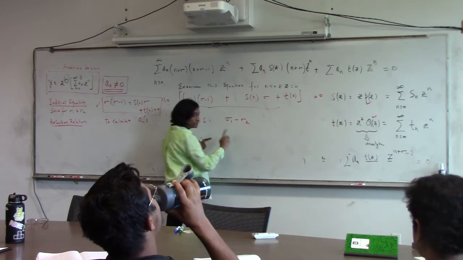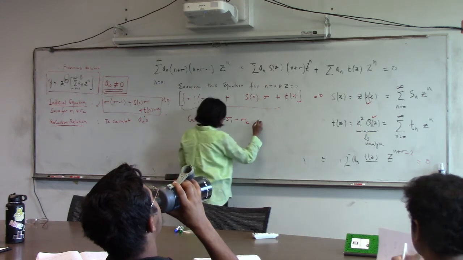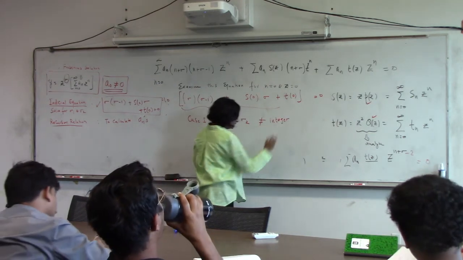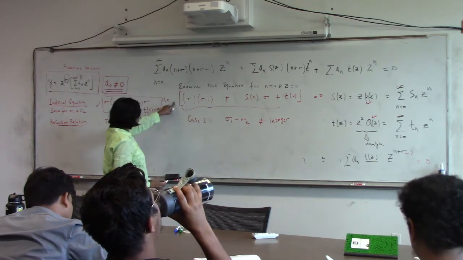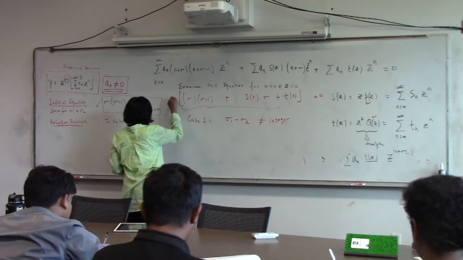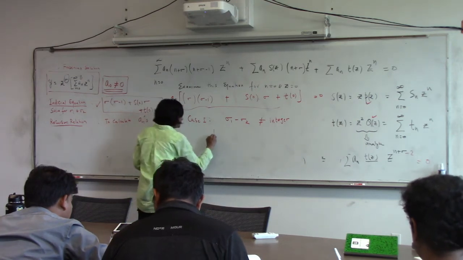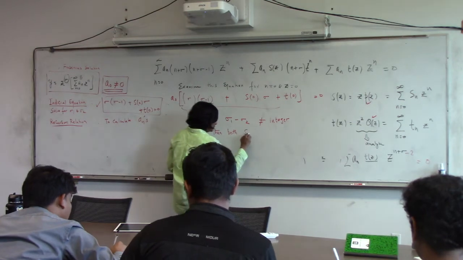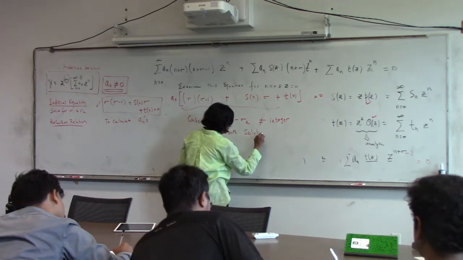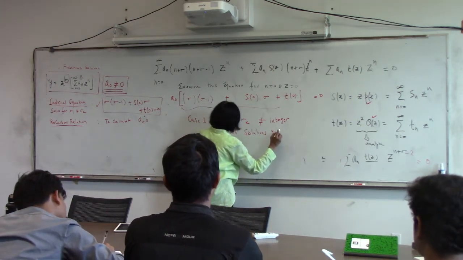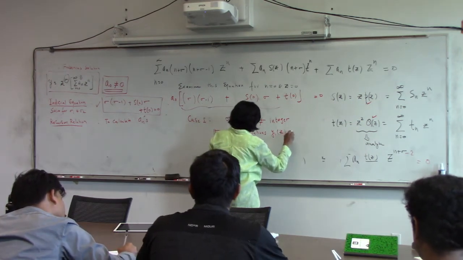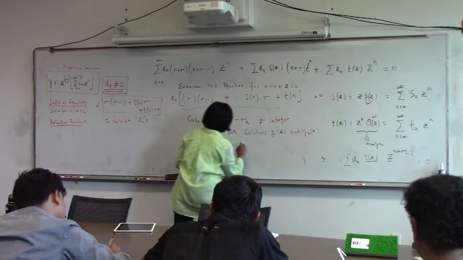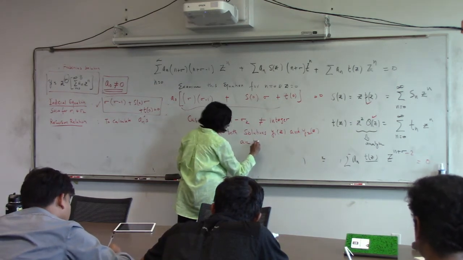If the difference between the two roots is not an integer, then both solutions y1 of z and y2 of z are possible from the series method.